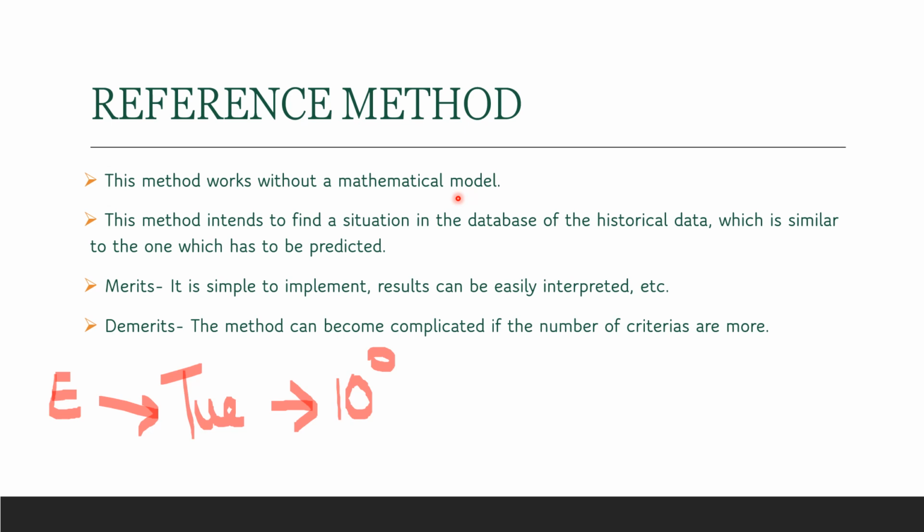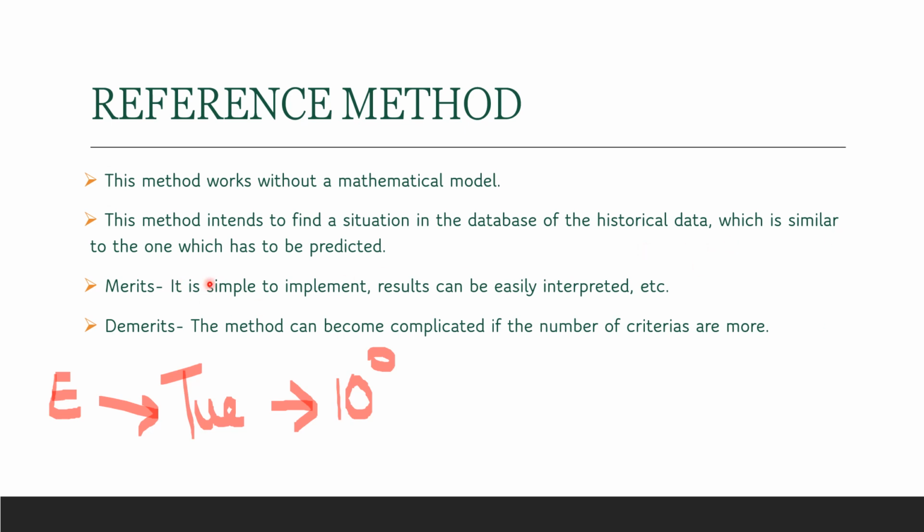That's why it is not using a mathematical model, but in today's world, the reference method is used along with a regression model or other models. This method intends to find a situation in the historical database which is similar to the one which has to be predicted.